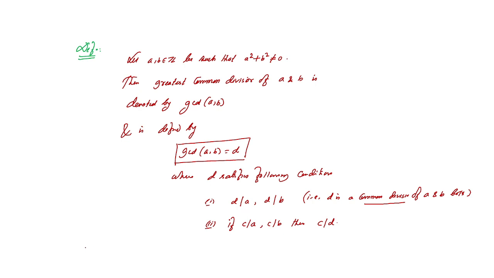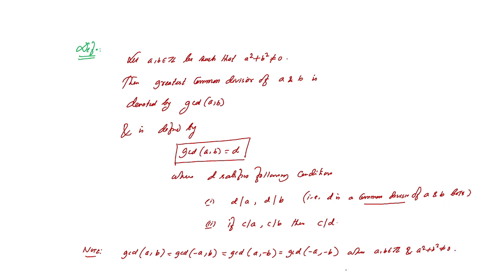And there is another important note: GCD of any two integers A, B equals GCD of minus A, B. That is also equal to GCD of A, minus B. This is also equal to GCD of minus A, minus B, where A, B are both integers and A square plus B square is non-zero.